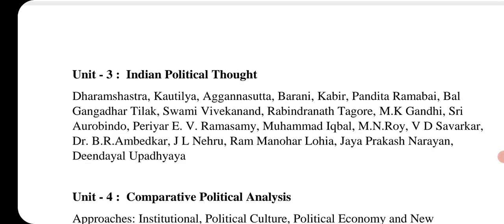They were Dharmasastra, Kautilya, Agganna Sutta, Barani, Kabir, Pandita Ramabai, Bal Gangadhar Tilak, Swami Vivekananda, Rabindranath Tagore, M.K. Gandhi, Sri Aurobindo, Periyar E.V. Ramaswamy, Muhammad Iqbal, M.N. Roy, V.D. Savarkar, Dr. B.R. Ambedkar, Jawaharlal Nehru, Ram Manohar Lohia, Jayaprakash Narayan, Deen Dayal Upadhyaya.